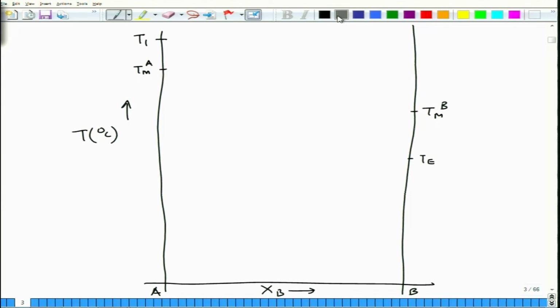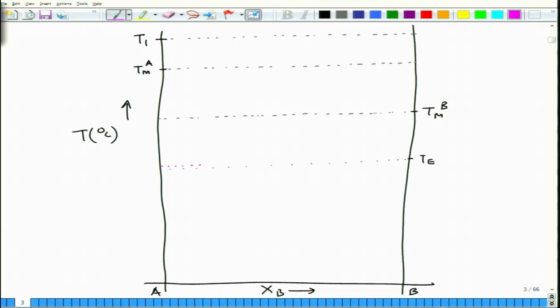So let me draw a few lines here. So this is the T1 line, this is the TMA line, this is the TMB line, the TE line, and let me draw the TE plus and TE minus a little.